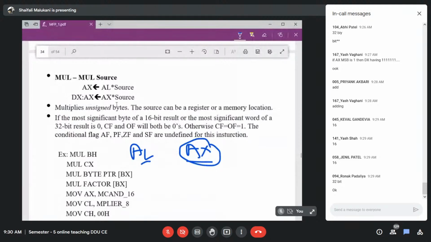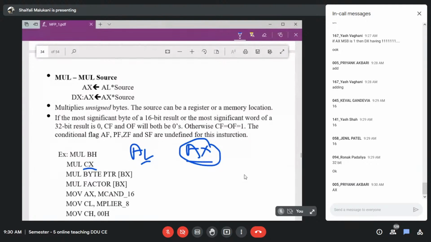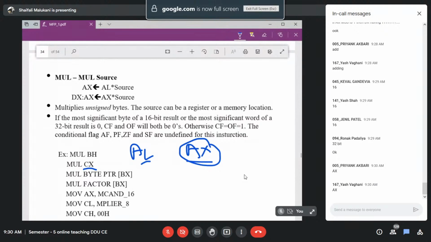And suppose the source specified is 16-bit. Then what will be taken as the other operand? Will it take AL or AX as the other operand? If the specified source is 16-bit, the other operand will be AX. Yes, it will be AX.